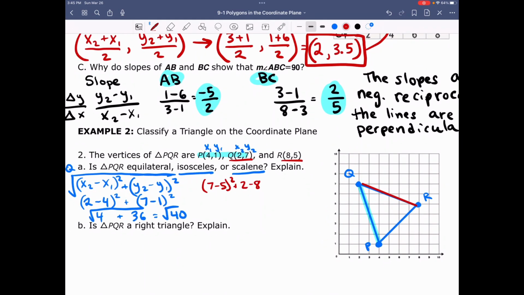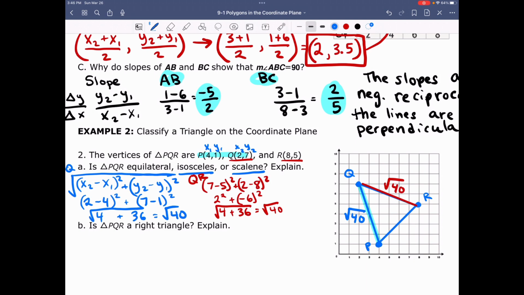We'll still get the same answer. So 2 squared and negative 6 squared. Again, this is for Q to R. So that's 4, and this is 36. So we get the square root of 40 again. This side is square root of 40, and this side is square root of 40.